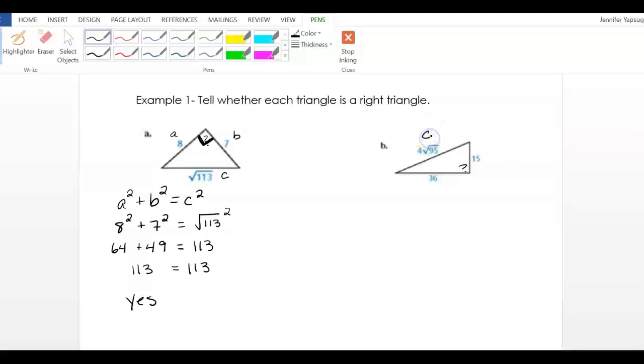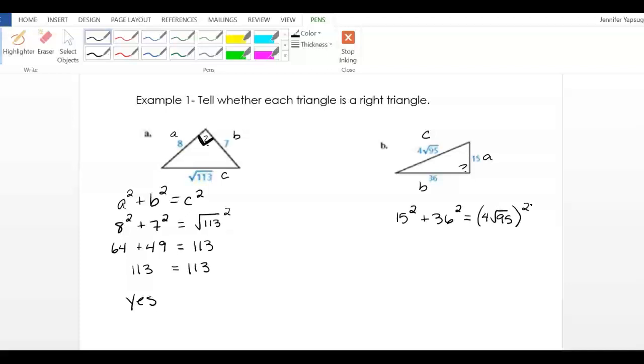So I'm going to label that C, and then I'm going to label my other sides A and B. So using the converse of the Pythagorean theorem, I'm going to say that A squared, which is 15, and B squared, which is 36, I'm checking to see if that is the same as 4 square root 95, that squared.